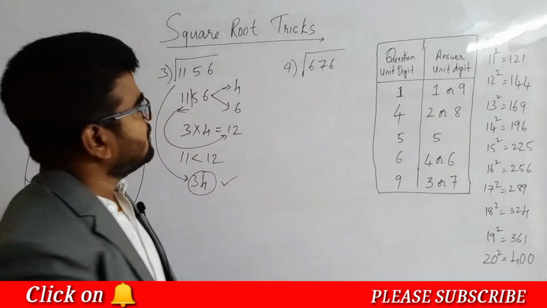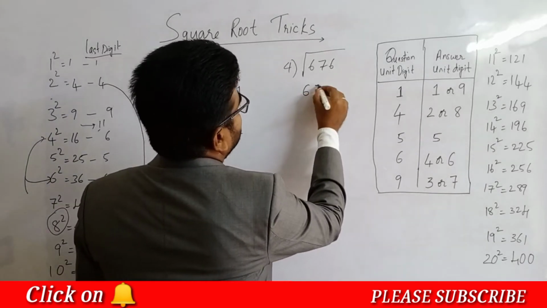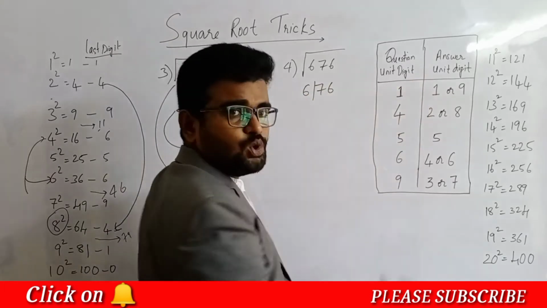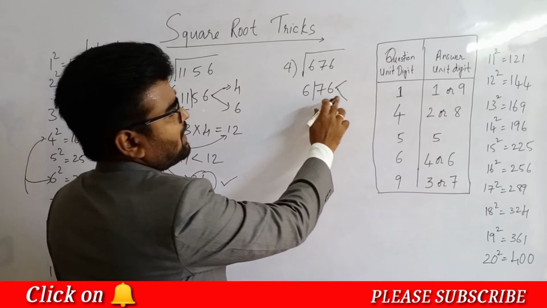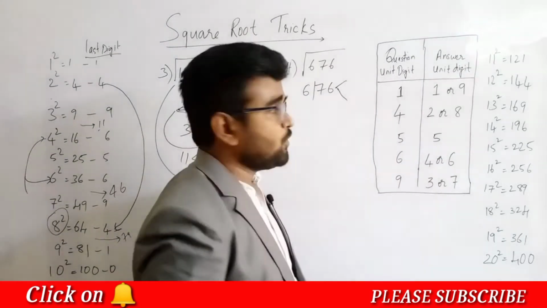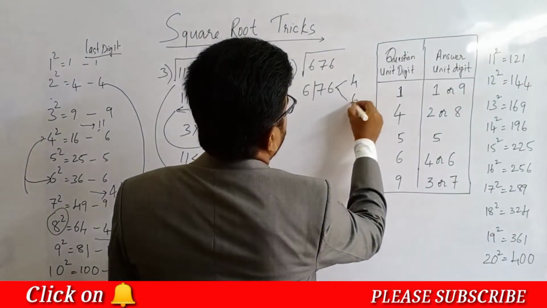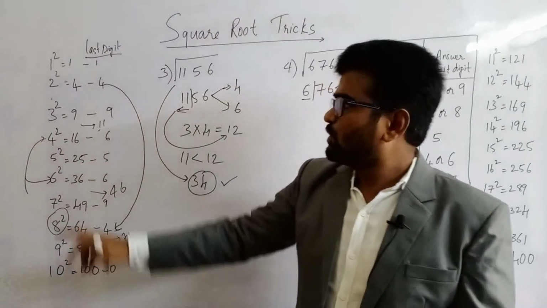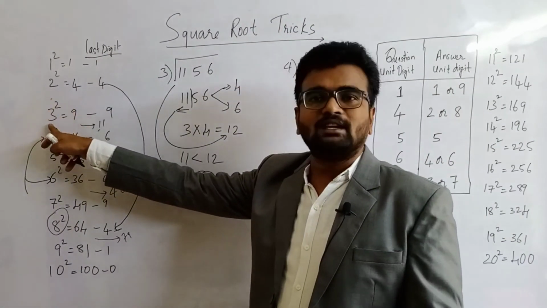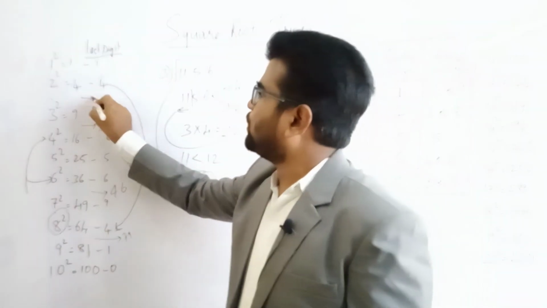And next, 676. Again, separate the last two digits. The number ends with 6 and the answer might end with 4 or 6. See where the 6 lies. It lies between 2 square and 3 square, that is between 4 and 9.